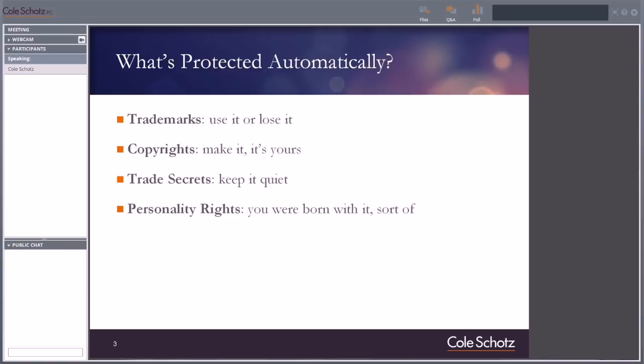Once you've acquired your IP and its form of protection, whether automatically or through a formal process like a registration, then you have to enforce it, and that's where we will talk about IP protected by you. David is going to start us off discussing what intellectual property is protected automatically.